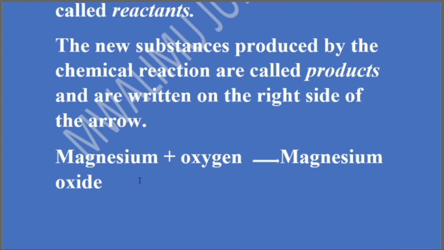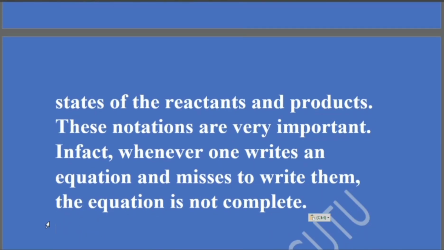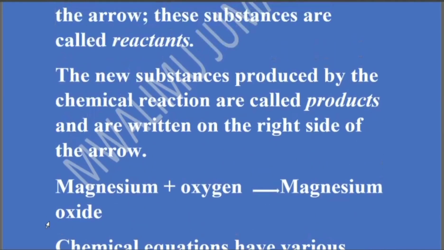Now the chemical equation has various notations that indicate the physical states of the reactants and the products. These notations are very important. In fact, whenever one writes an equation and misses to write them, the equation is not complete.